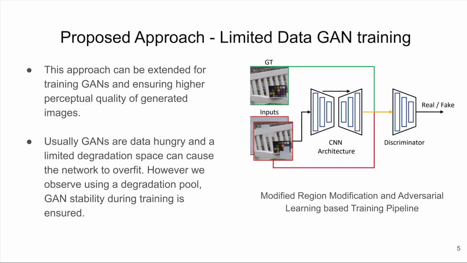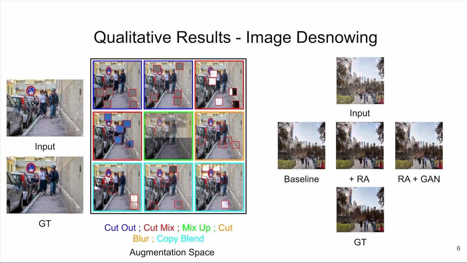And so we observe that using a carefully crafted degradation space actually provides us with a large number of samples that can be used for training GANs without relying on a large input training dataset. So case in point is image deesnowing, where we have region modification based data augmentation techniques that result in a large augmentation space that can be used to train a CNN under different configurations.